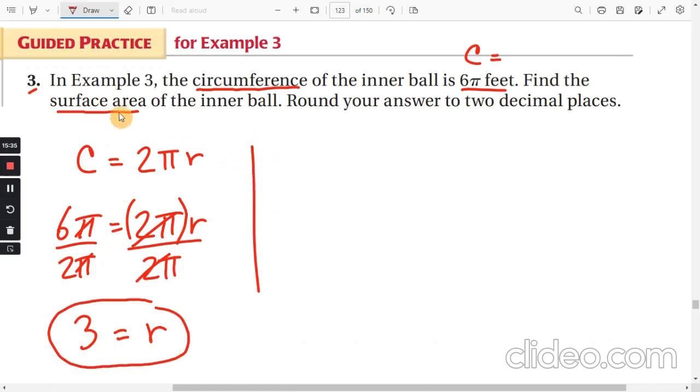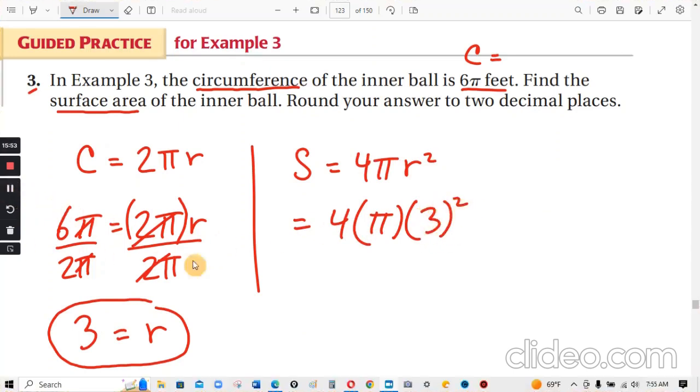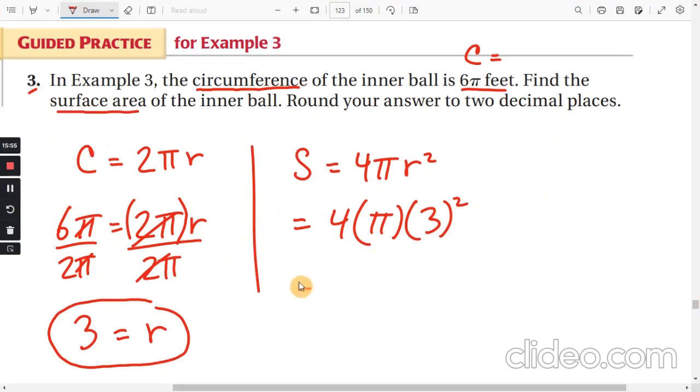And then for surface area, 4 pi r squared. So we have 4 times pi times r squared, which is going to be 3 squared. All right. 3 times 3 is 9. Times 4 is 36. So that's going to be 36 pi.